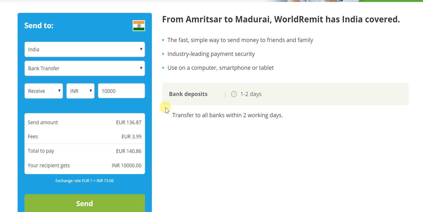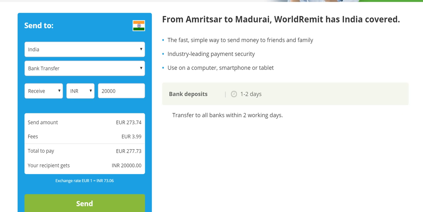Now, having looked at 10,000, let's double the money and see what happens. You can see that the best part, or perhaps another fabulous part of WorldRemit, is that the fees remain constant. It's just the other amounts which increase proportionately as per the amount that we are expecting the recipient in India to receive. The exchange rate remains constant and consistent.